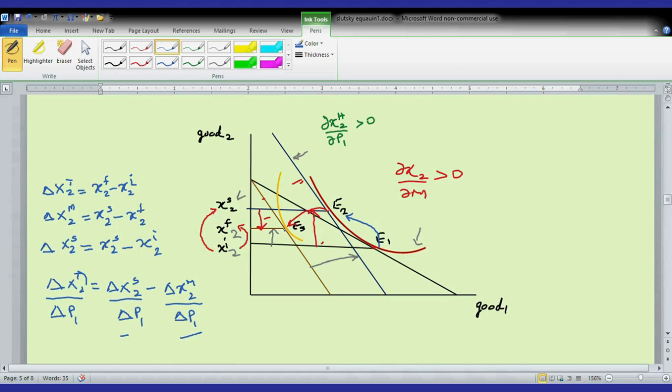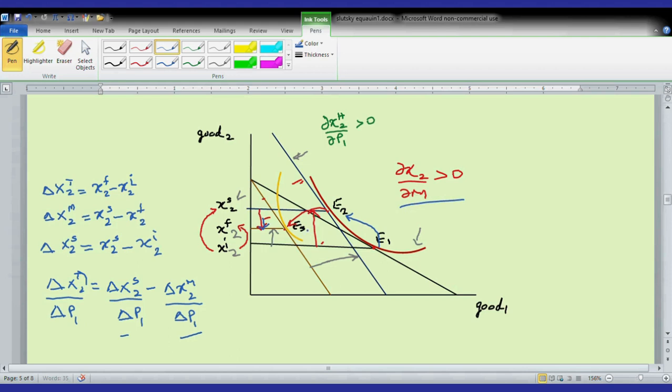This is a movement from a higher income constraint to a lower income constraint, and as income decreases, the income effect implies that consumption of good 2 decreases. This suggests that good 2 is a normal good.